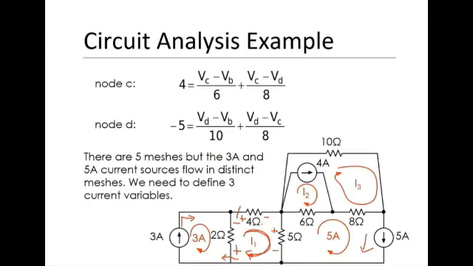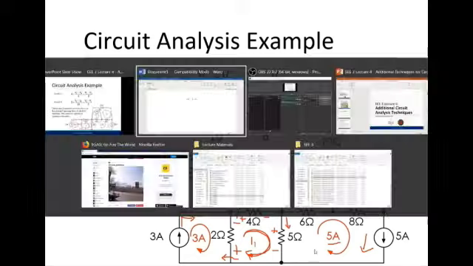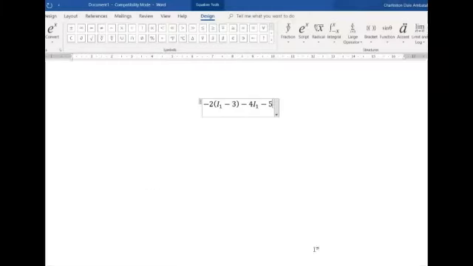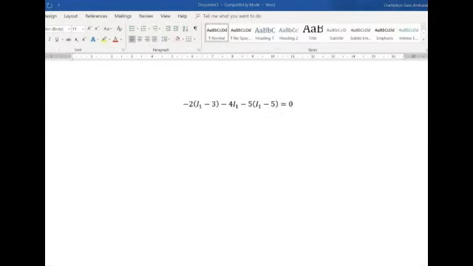And finally, we have this 5 ohm resistor. It's adjacent to the 5 ampere branch. Therefore, the current flowing through the 5 ohm resistor is I1 minus 5. Therefore, it becomes minus 5 times I1 minus 5. There you go. And that is equal to 0. That's the equation for mesh 1.